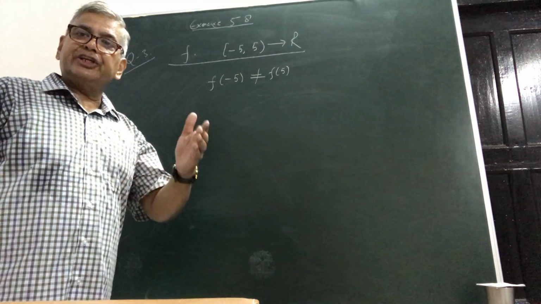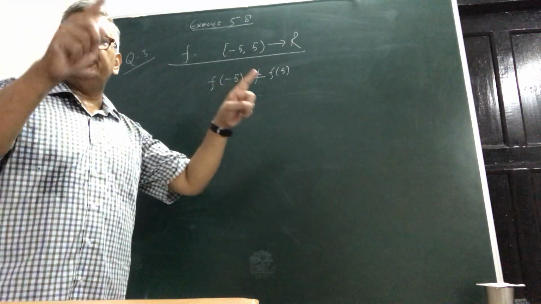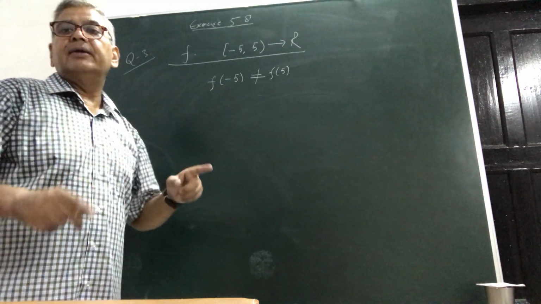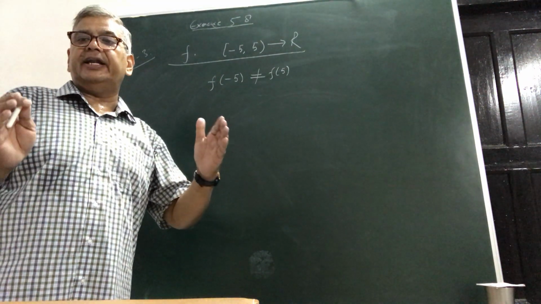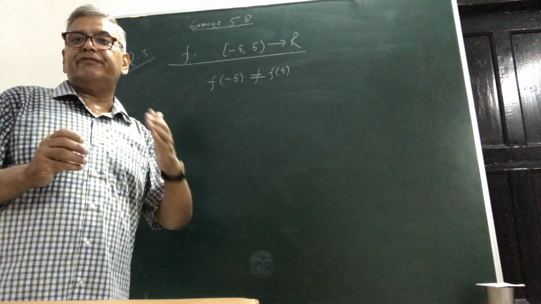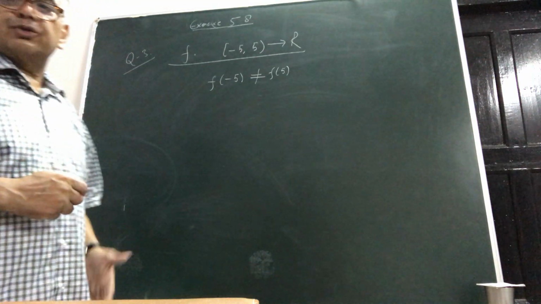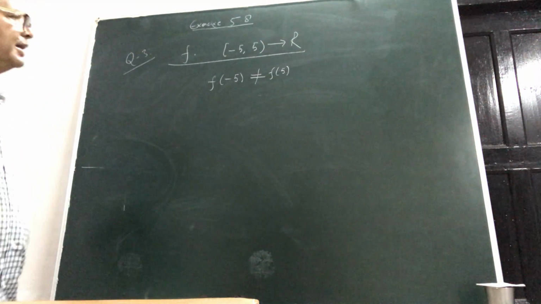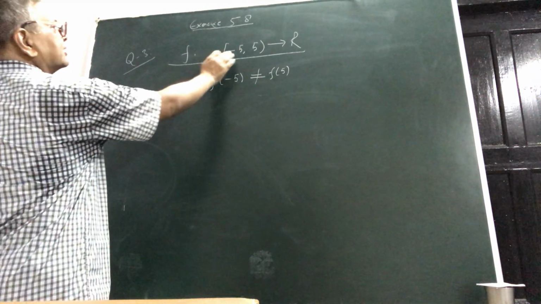If a function is differentiable at a point, then it has to be continuous at that point. If a function is differentiable throughout a given interval, then it will be continuous throughout that interval, because differentiability in an interval is nothing but the differentiability at each point of the interval. So obviously it will be continuous.